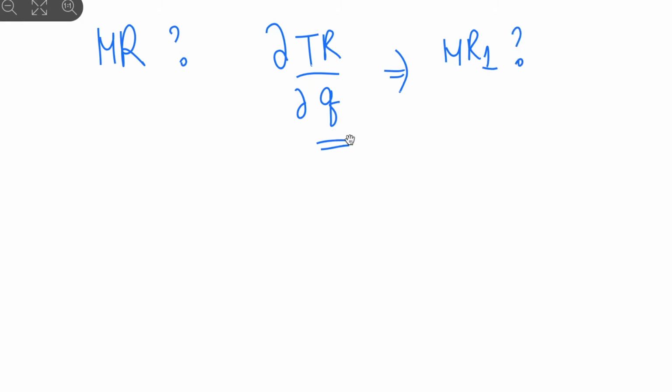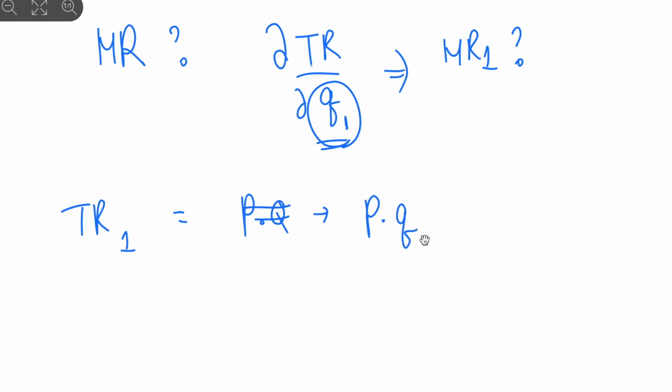So how can we get the marginal revenue of Firm 1, right? What we have to do is substitute everything into Q1. So let's look, what was the total revenue for Firm 1? It's price times quantity, right? In this case, it becomes price times Q1, right? And in the demand curve, we had P equals 100 negative bQ, and that was 100 negative Q1 minus Q2, right?